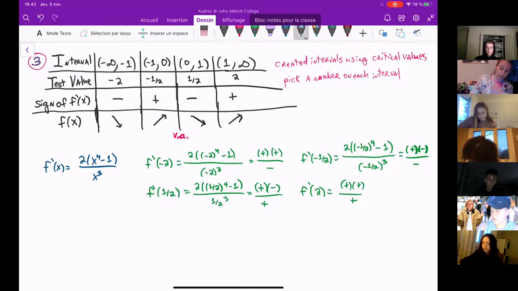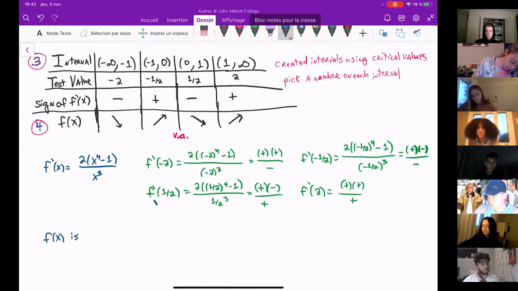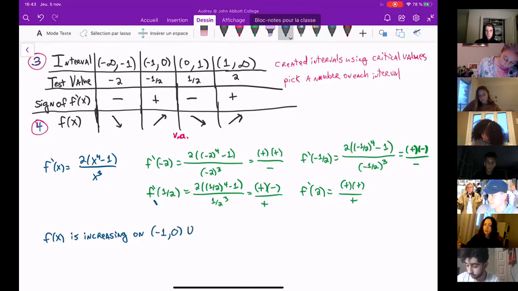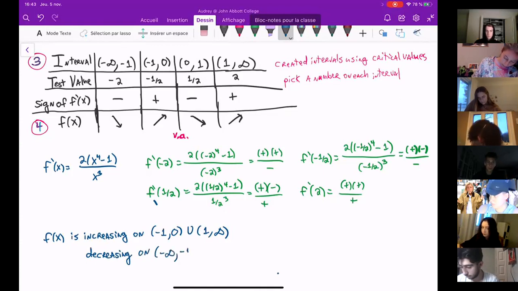So this is my final step. My step 4 is right here. It's to make conclusions using the sign that I got. So then I can conclude that f of x is increasing on (-1, 0) union (1, infinity), and it is decreasing on (-infinity, -1) union (0, 1).